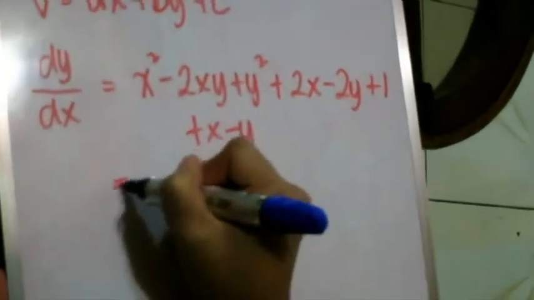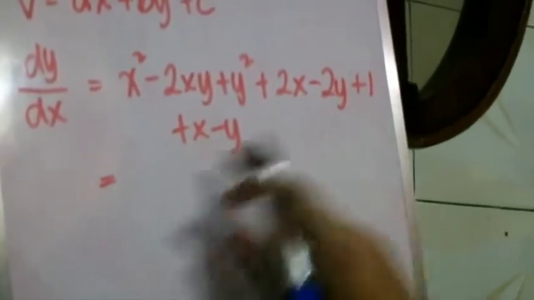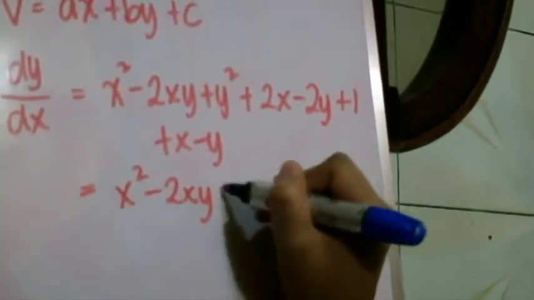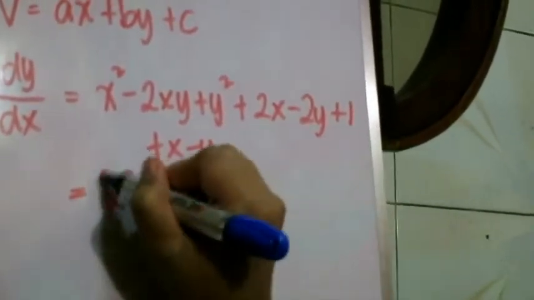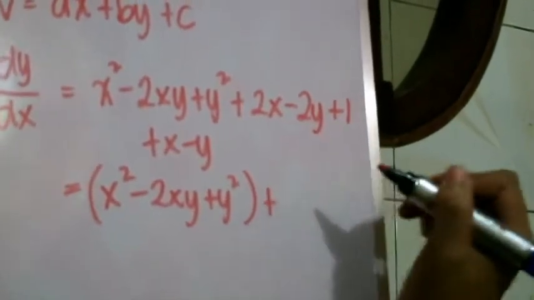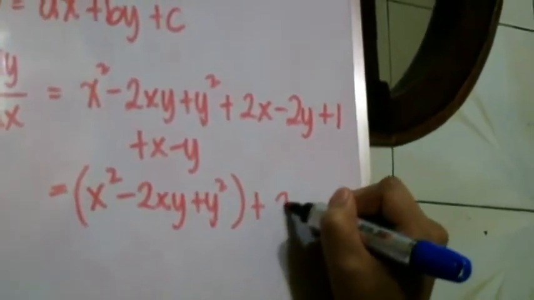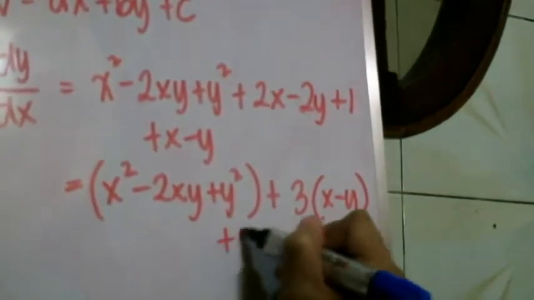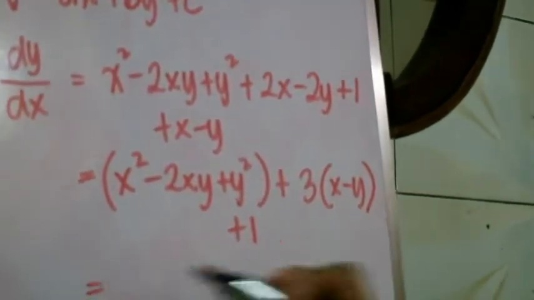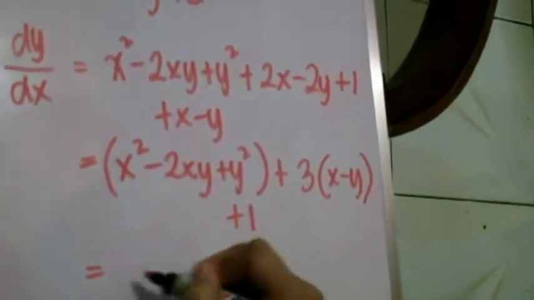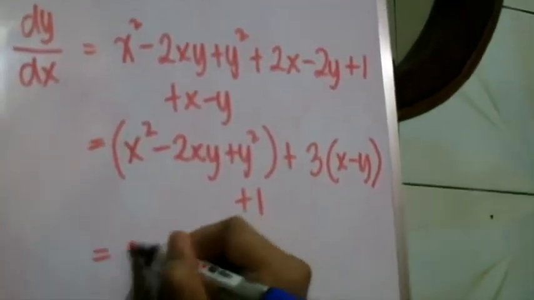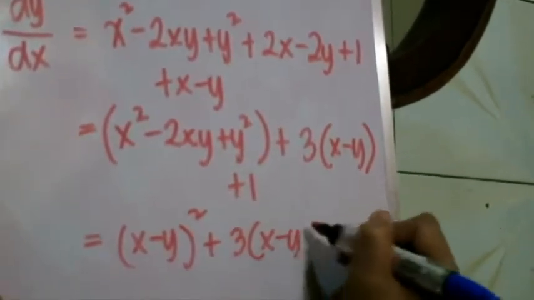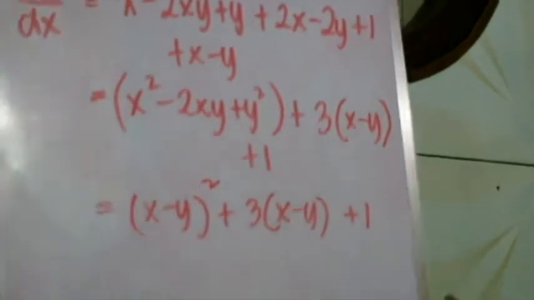Now, grouping the terms, we have x squared minus 2xy plus y squared, this plus 3 times x minus y plus 1. Further simplifying, we have x minus y squared plus 3 times x minus y plus 1.